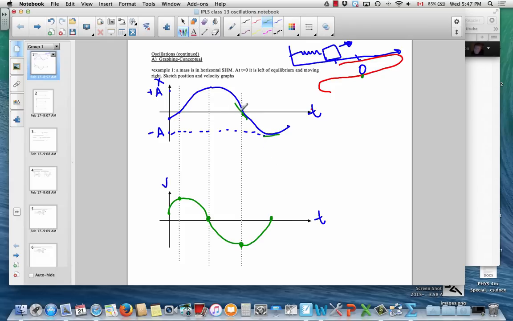Here it's a negative maximum slope, that corresponds to negative maximum velocity. Here, the slope of position is 0, so the velocity is 0. Here our slope is, again, a positive maximum, as per this graph. Okay, so that's a little graphing exercise.